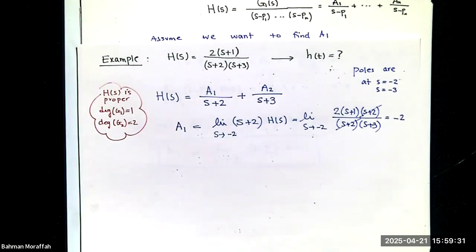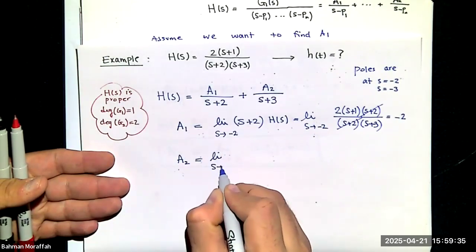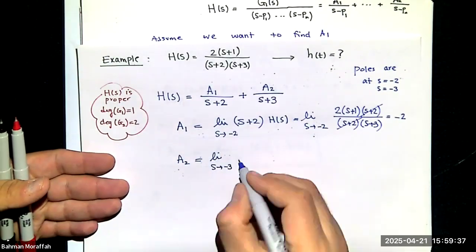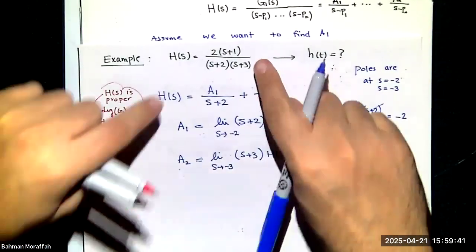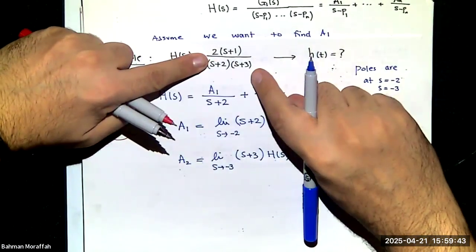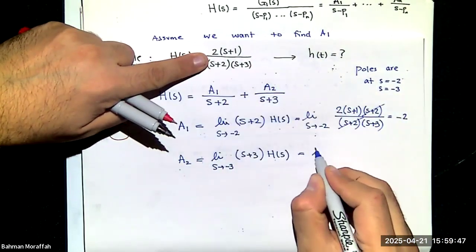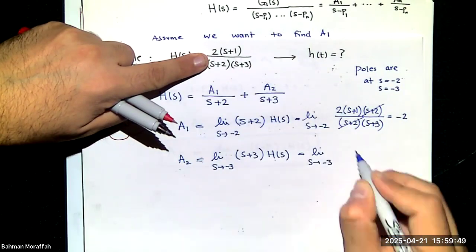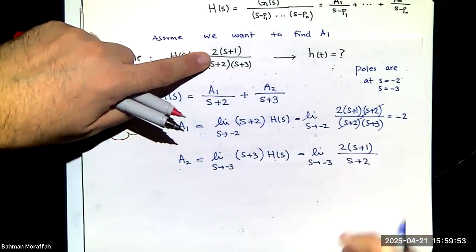How do I find A2? A2 is the limit when s goes to -3 of (s plus 3) times H(s). If I multiply H(s) by (s plus 3), the (s plus 3) terms cancel. So that's the limit as s goes to -3 of 2 times (s plus 1) divided by (s plus 2).